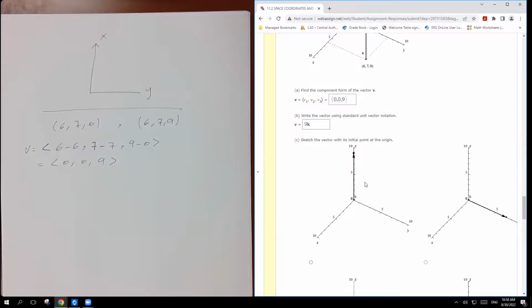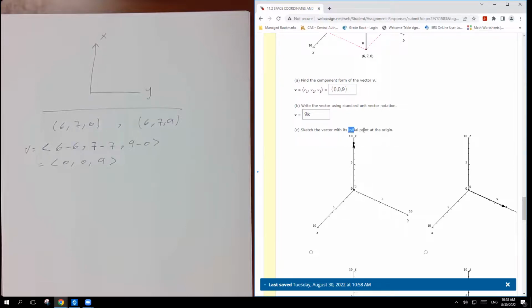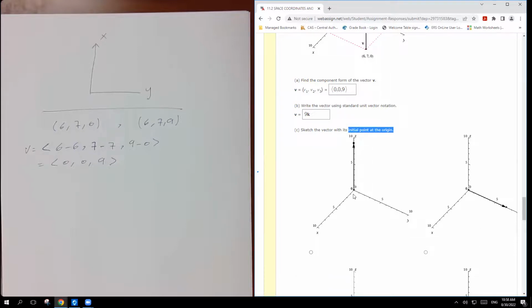Okay. What else? Sketch the vector with initial point at the origin. By the way, sometimes they're not going to tell you to sketch with the initial point at the origin. Just sketch the vector. That means always start the initial point from 0, 0, 0. You see the vector goes only along the Z coordinate, because X and Y are zeros.